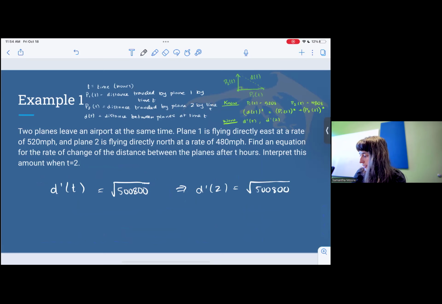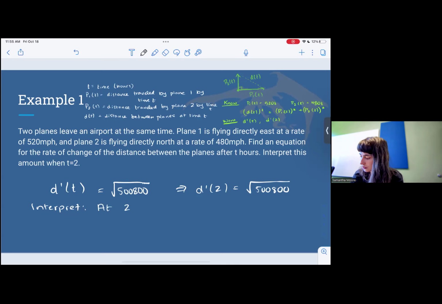And the way to interpret this is, d prime is the rate of change of the distance between the planes. And we know that time is 2.